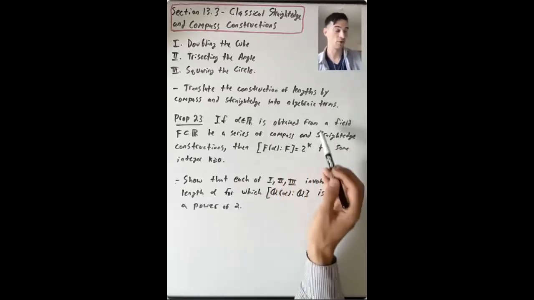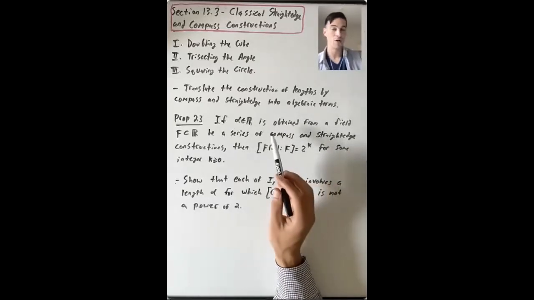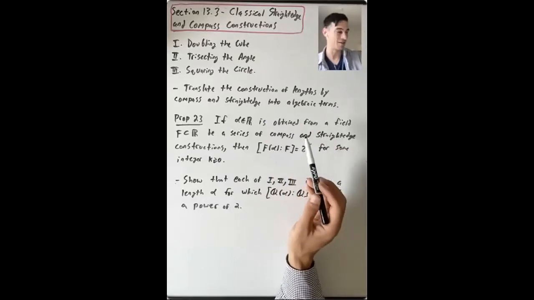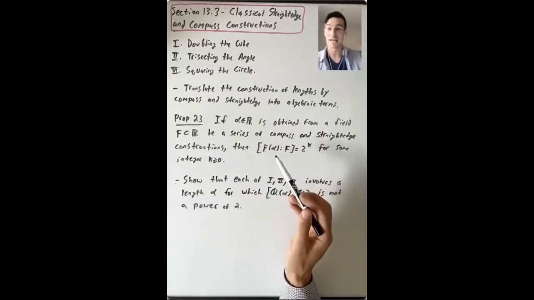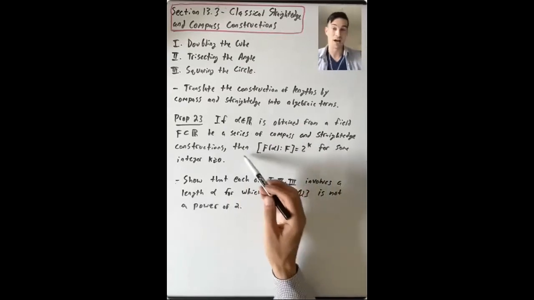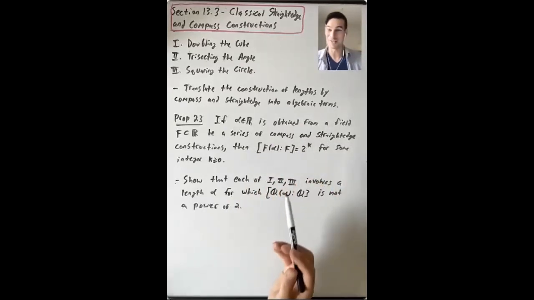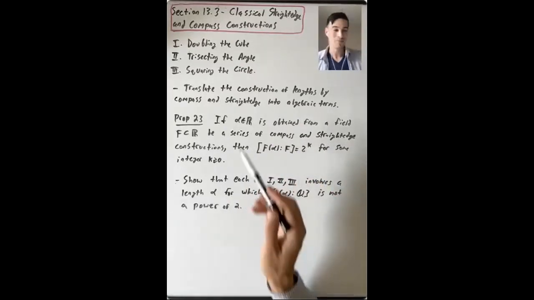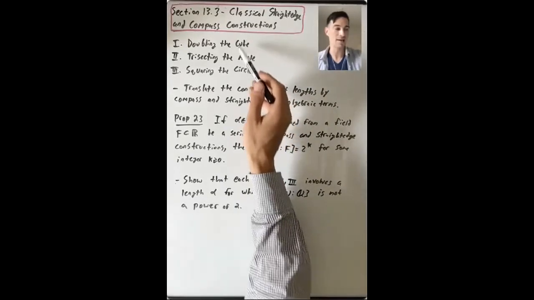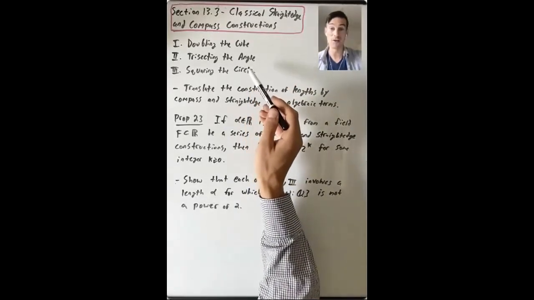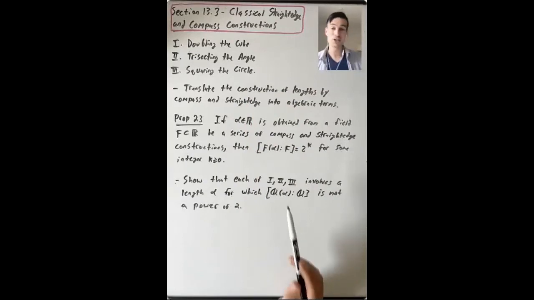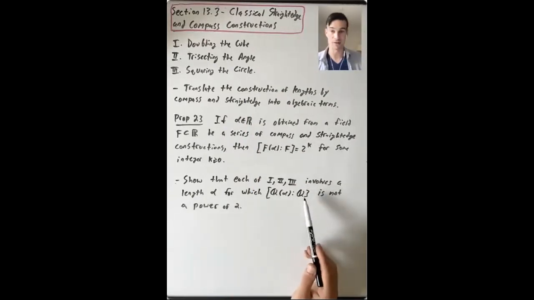So in order to prove that this is true, you have to understand what you can do with a series of compass and straightedge constructions. And again, I don't want to get into the geometry of how this works, but it's a neat application, so please check it out. And then you show that none of these three geometric problems is solvable by showing that each one involves constructing a length alpha for which the degree of Q adjoin alpha over Q is not a power of 2.